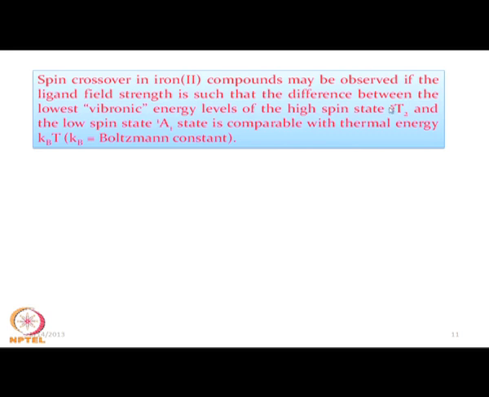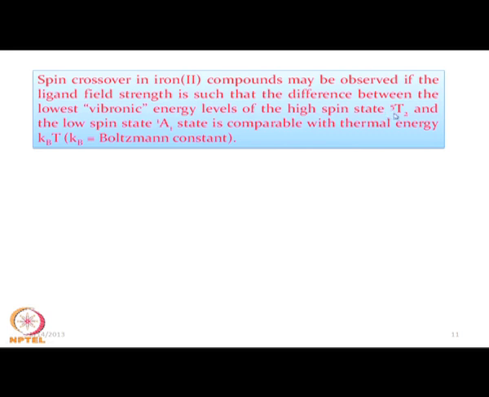So, we find there the state of 5T2 and the low spin state which is 1A1, because it has 5 spin multiplicity value and here the spin multiplicity value is 1. So, it has high spin value. This particular value is 2S plus 1. So, it has 4 unpaired electrons, and the capital S value is equal to 2.